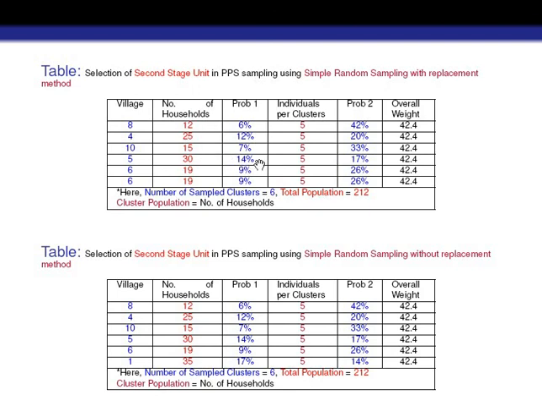From here you can see that the bigger clusters have a bigger probability of being included in our first stage unit. Now, individuals per cluster.